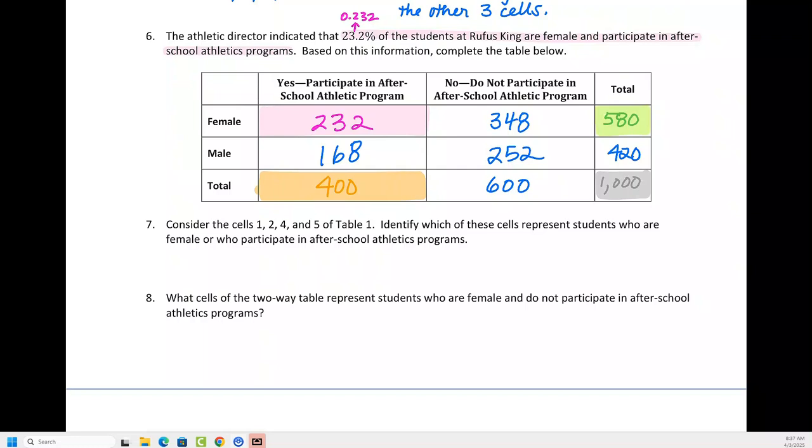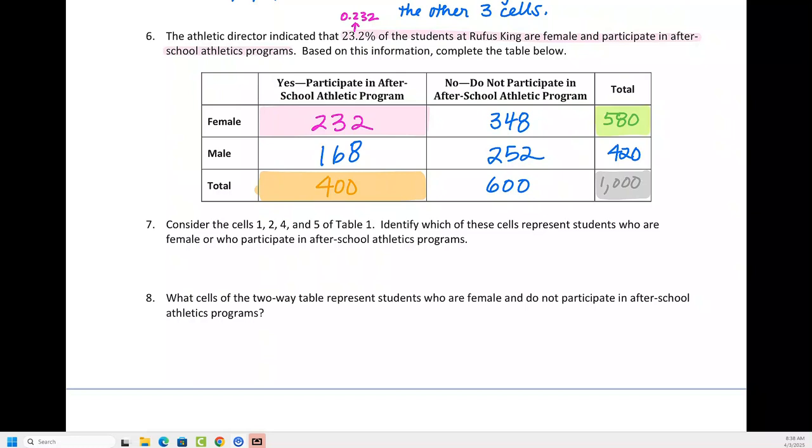Okay, then it says consider cells 1, 2, 4, and 5 of table 1. Cells 1, 2, 4, and 5, that's these cells right here. It says identify which of these cells represents students who are female or who participate in an after-school program. So we're just identifying which cells.